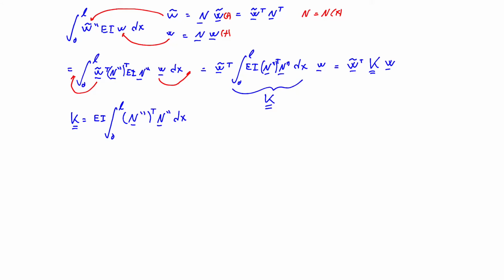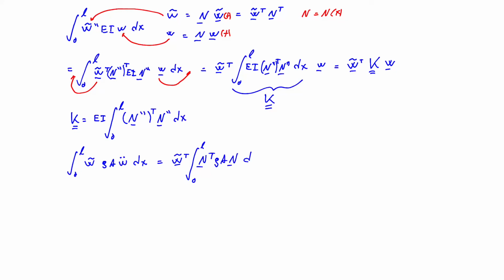For the mass matrix, it works exactly the same way. So we will have the test function, then we will have rho A, then we multiply by the acceleration. We will substitute in our expression for the interpolation of the displacement field, whereby we will inside the integral have the shape function, rho A, shape function again.